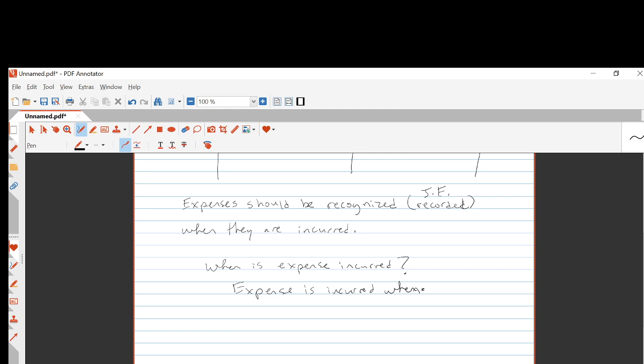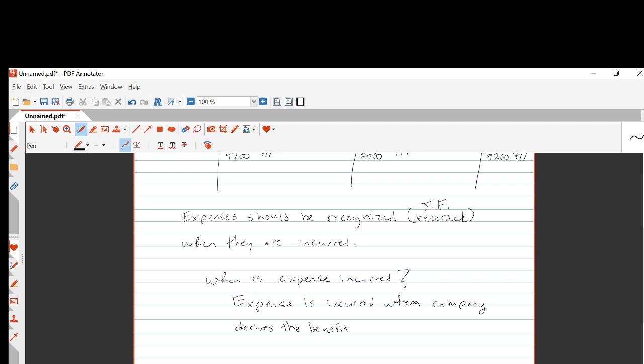Or when an asset declines in value. That's one way to think of it. So expense is incurred when the company derives some benefit from using an asset.